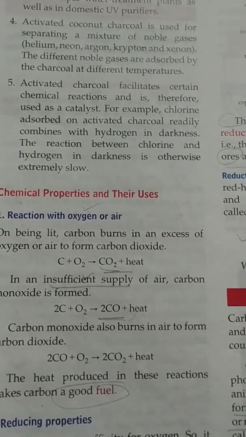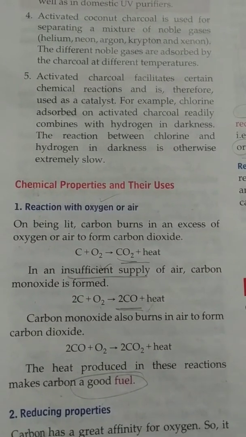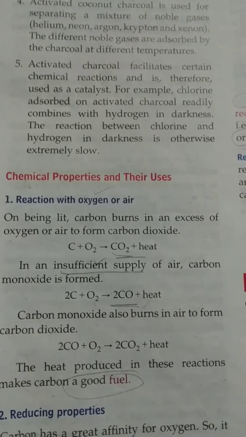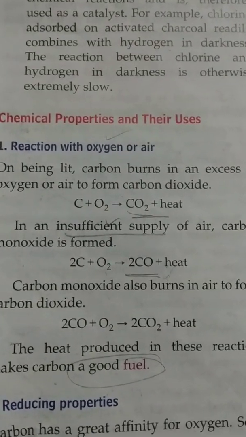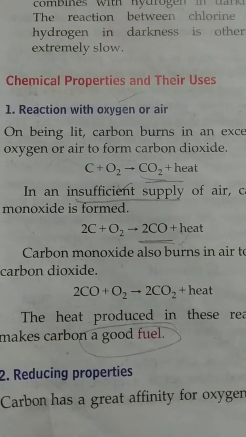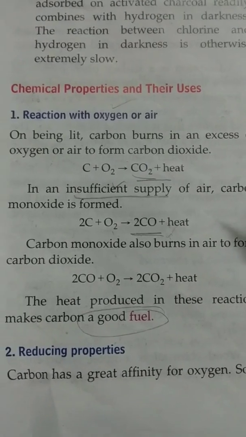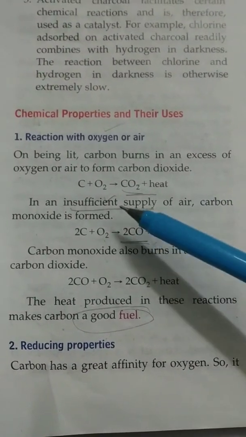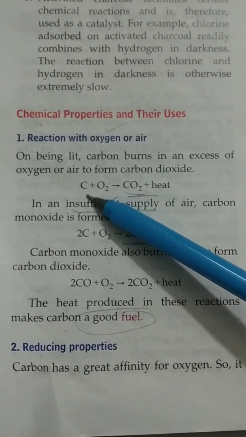Now we will discuss chemical properties and the uses of the amorphous forms of carbon. First, chemical property: these react with oxygen. When we burn carbon in excess of oxygen, we know carbon dioxide will be released and heat is also formed.